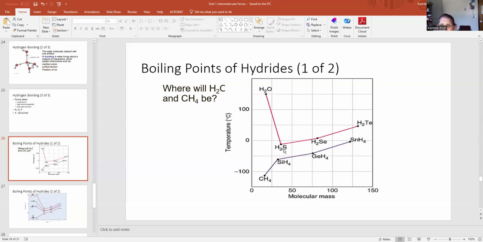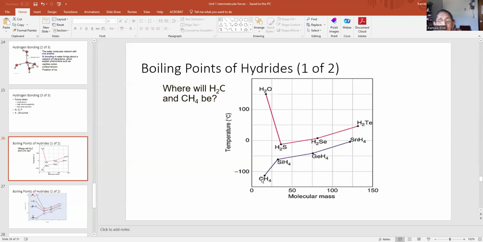Whereas for the other elements in the same group, like oxygen, sulfur, selenium, tellurium, there is a very gradual increase, with sulfur, H2S, having the lowest boiling point compared to the others, so the hydrogen bonding over here is not very high.